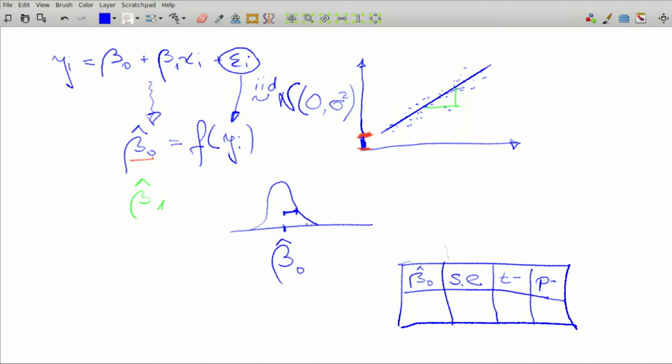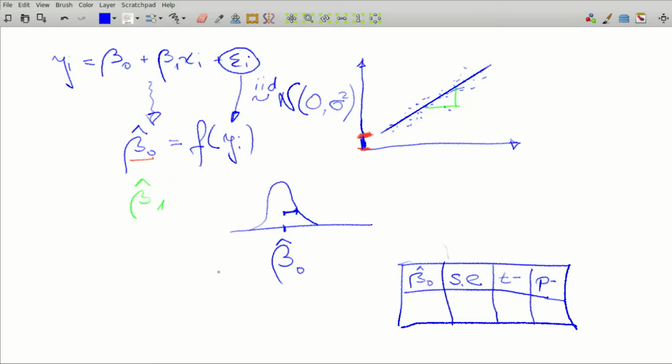Well, now we could test whether beta hat naught is 0 or not, whether it is small enough that we cannot really statistically distinguish it from 0. That test is then based on a t-test, and here would be the t-value.